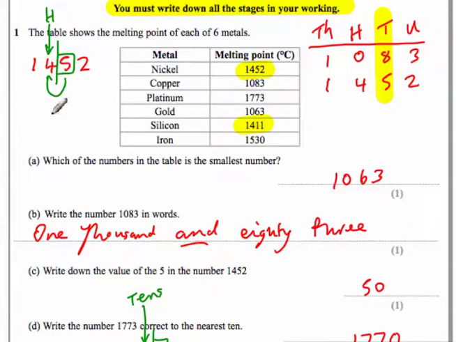So the 4 will go to 5, which means we'll end up with 1, 5, and then we put 2 zeros in so that the number's the right size. So that one hasn't rounded to 1400. It's rounded to 1500, so that one's no good.